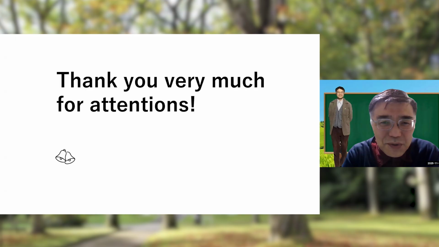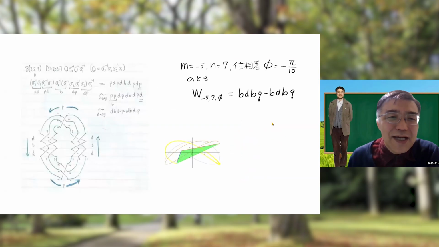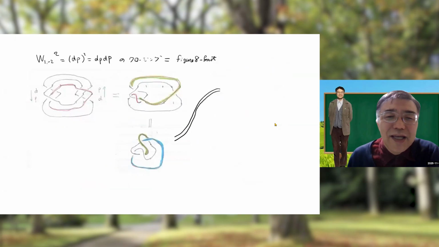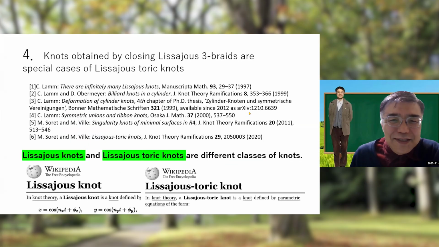The Lissajous toric knot considered in their paper is actually n-body motions on the Lissajous curves. So we should study more points. Yes, it's a good question.